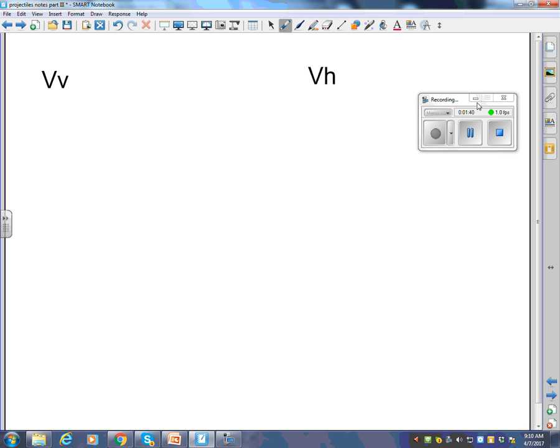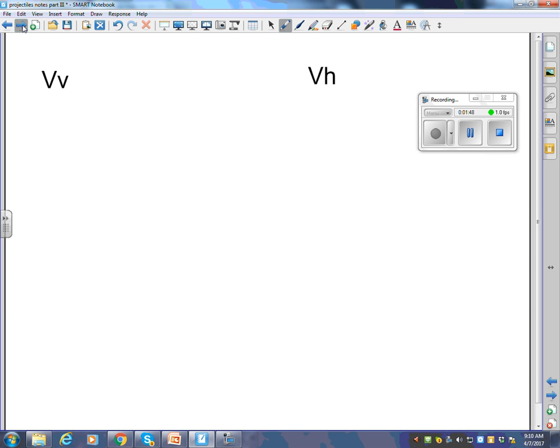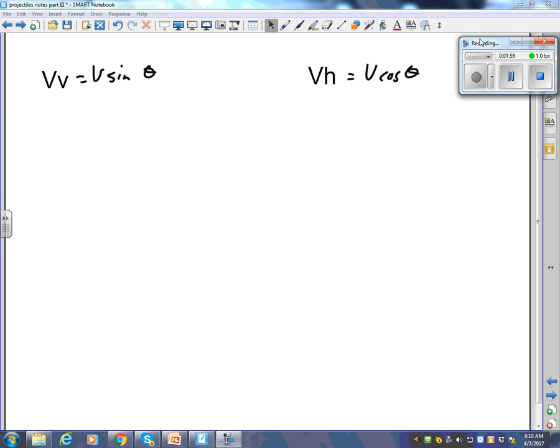Okay, so let's find the vertical and horizontal components. So it's 10 meters per second at 53.1. So VV is going to be V sine theta, and VH is going to be V cos theta. So that's going to be 10 sine 53.1 and 10 cos 53.1.